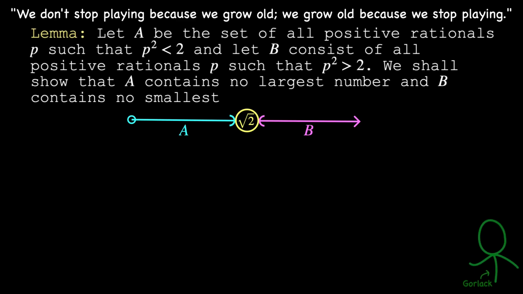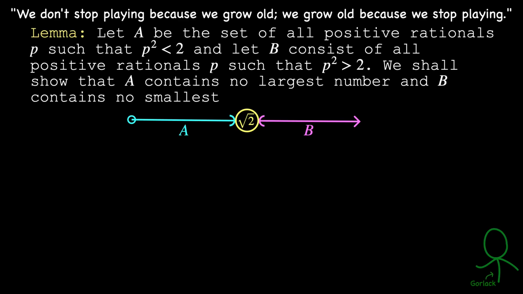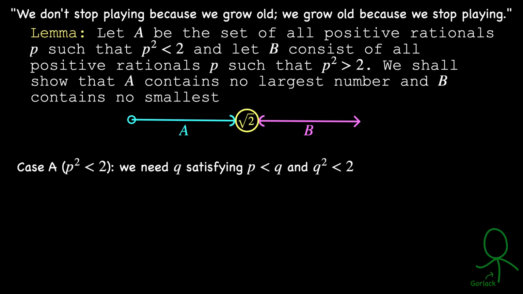Relying on these strategies, we can better grasp Rudin's result by expressing it as follows. For every rational number p, there exists another rational number q that is in closer proximity to the square root of 2. We'll break down this concept into two scenarios, one where p squared is less than 2, and another where p squared is greater than 2.